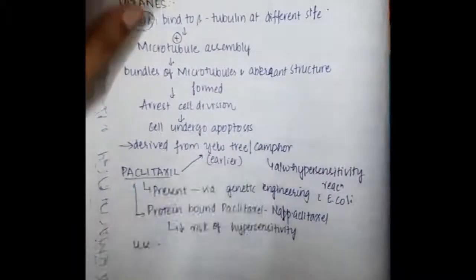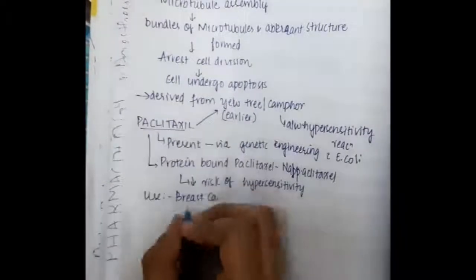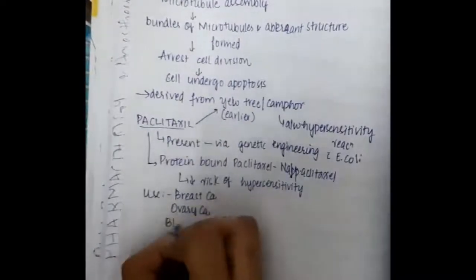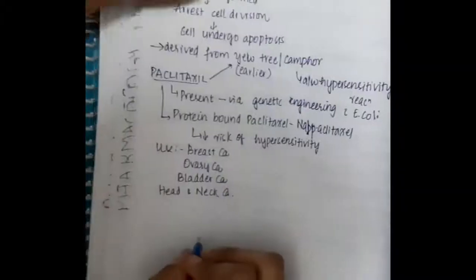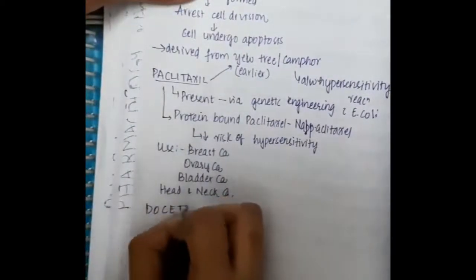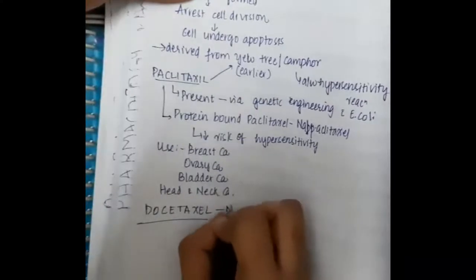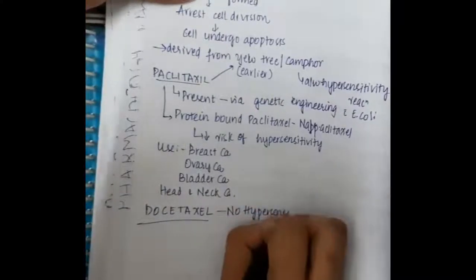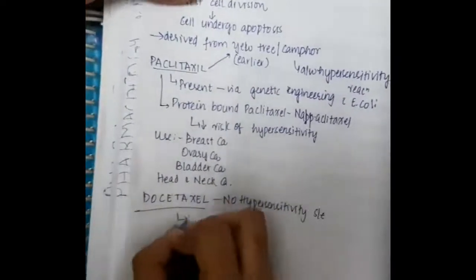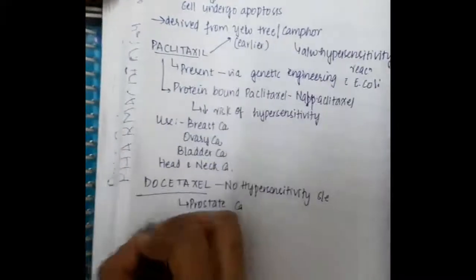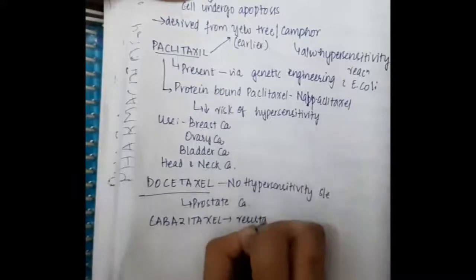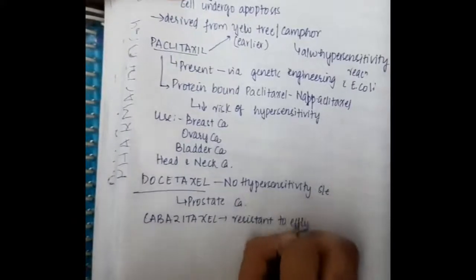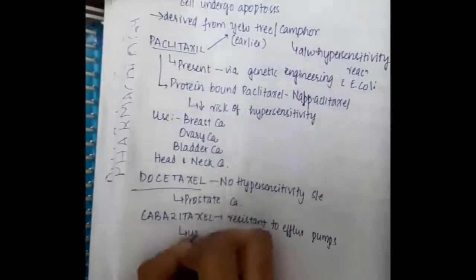Paclitaxel is used in breast carcinoma, ovarian carcinoma, bladder carcinoma, and head and neck carcinoma. Then we have the drug docetaxel. Docetaxel has no hypersensitivity side effects, and is used in prostatic carcinoma. Then we have cabazitaxel, which has resistance to efflux pumps.